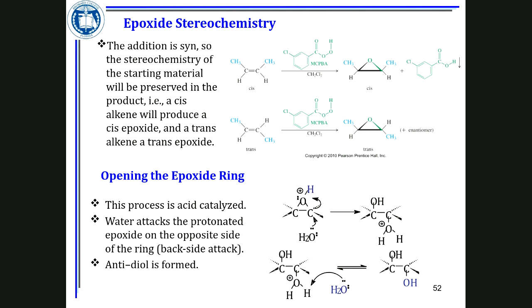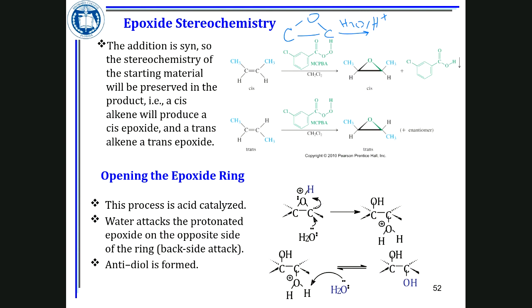So if you have a CC double bond and you add water, you're adding OH and you're adding H. Now, if you have epoxide and you add water, you're adding H and you're adding OH.